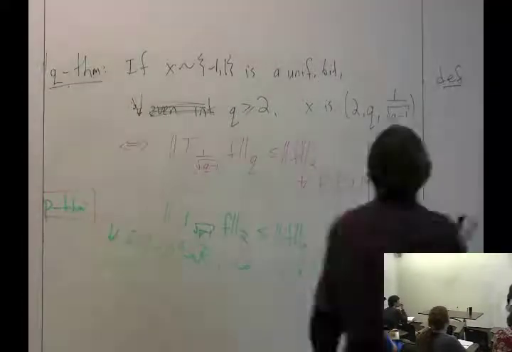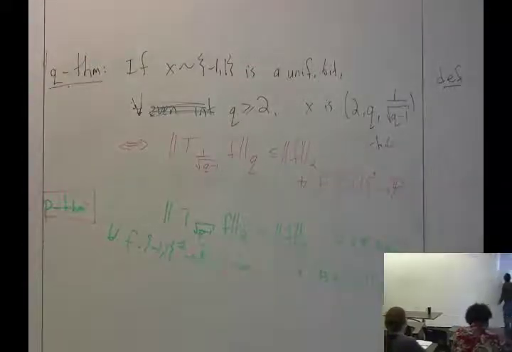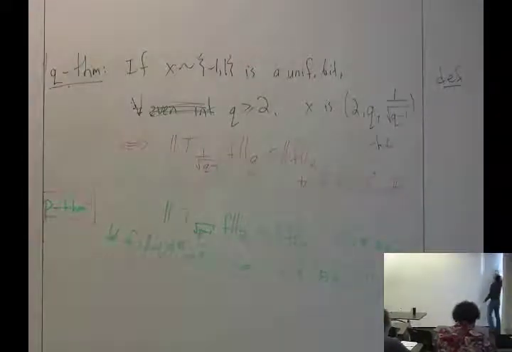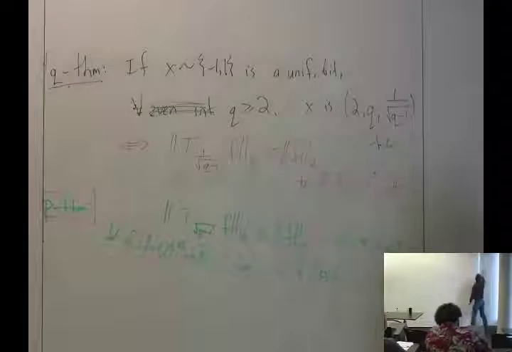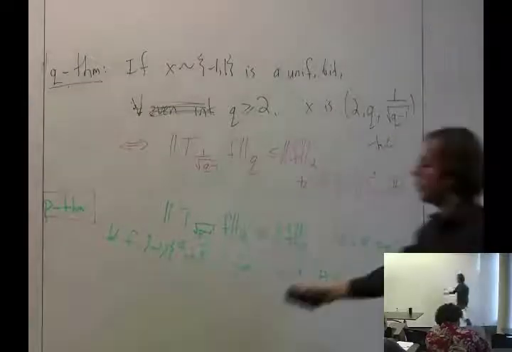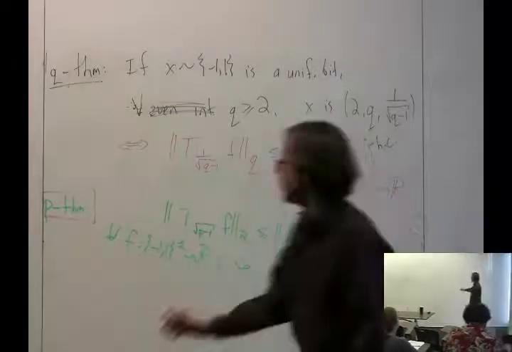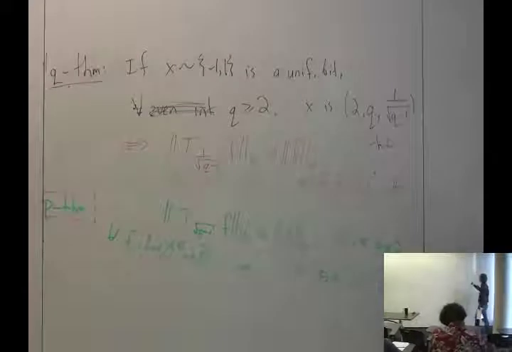I may as well also say, in the interest of keeping you well informed, that this here tells you all about the hypercontractivity when one of the two quantities, p or q, is 2.